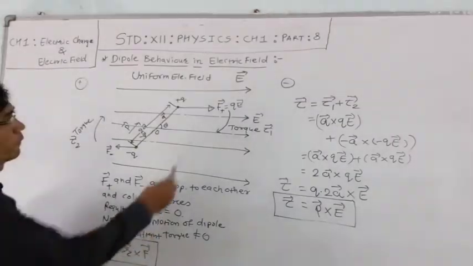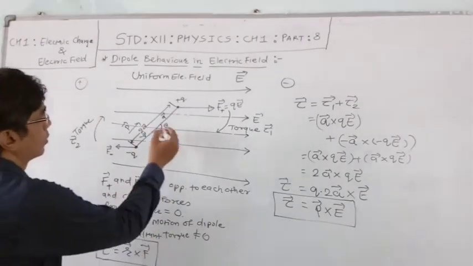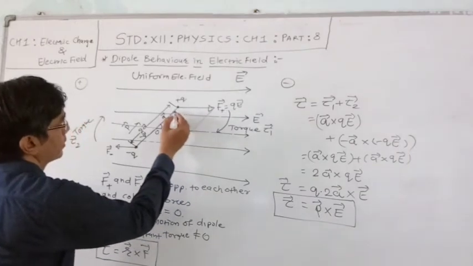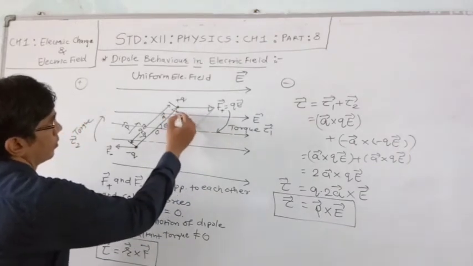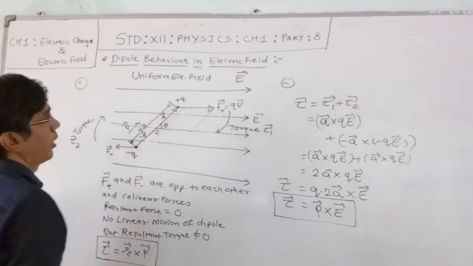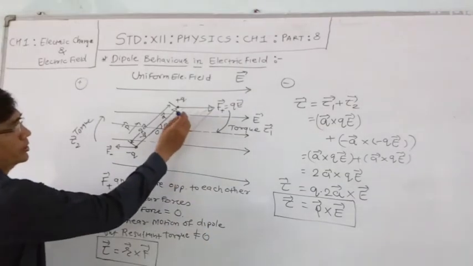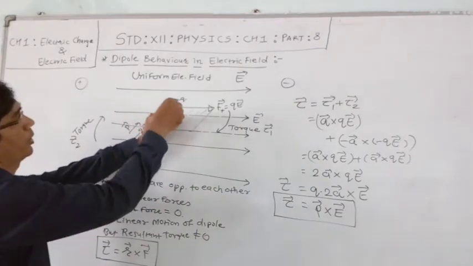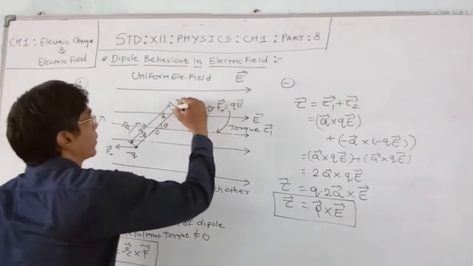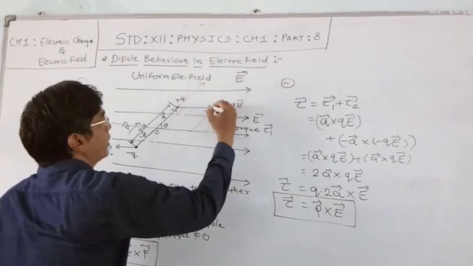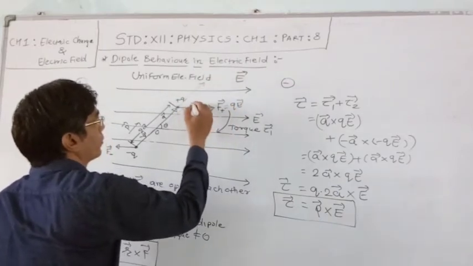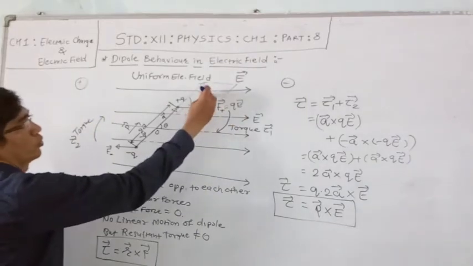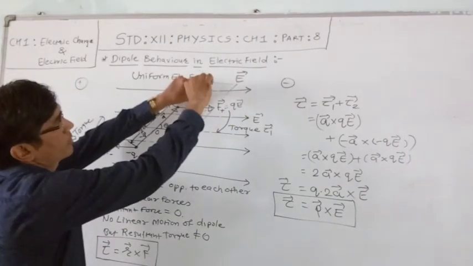If we use that rule, in this plane the torque is given by a cross qE, and it is in this direction.